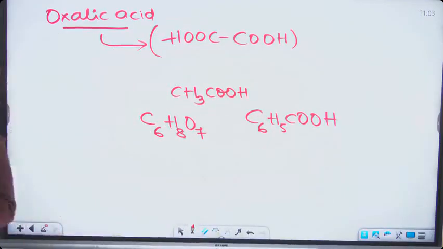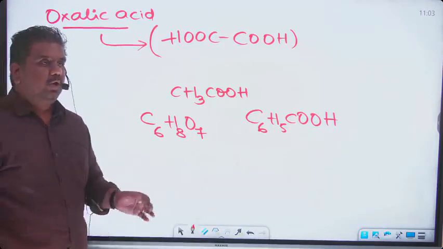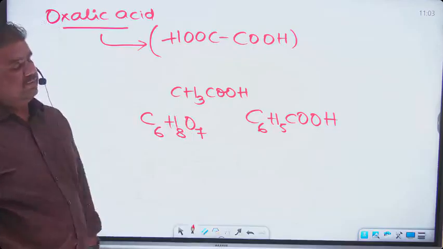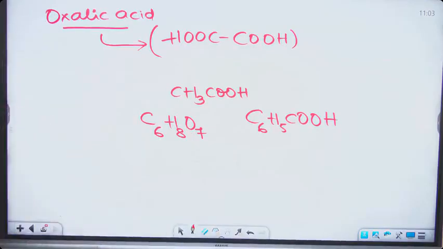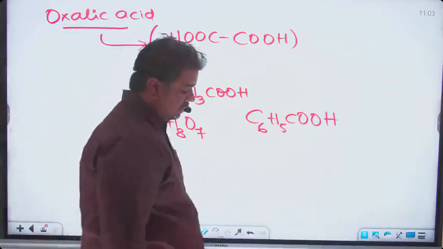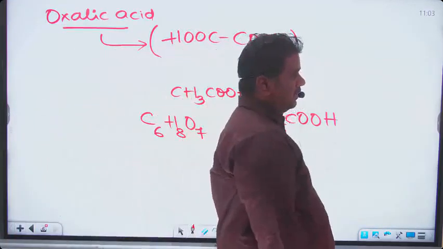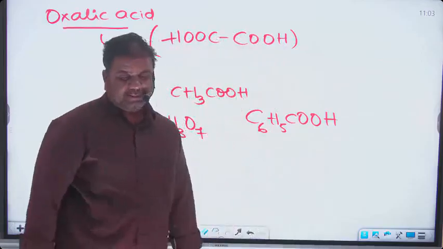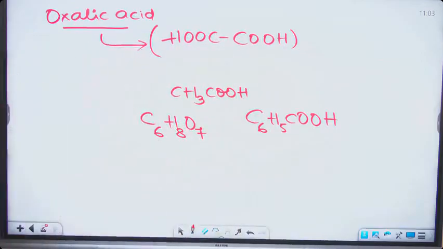Anthracene, benzoic acid, ammonium chloride, mercury chloride, solid carbon dioxide, camphor, and naphthalene. All these are sublimes. Benzoic acid is used as food preservative.